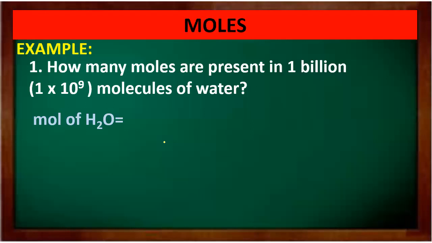Okay, para makuha natin yung number of moles present or equivalent sa 1 billion molecules of water. Ilang moles yun meron. Okay? So, sabi natin, meron tayong 1 times 10 to the power of 9 molecules. So, gagamitin natin yung factor para ma-cancel out yung molecules.